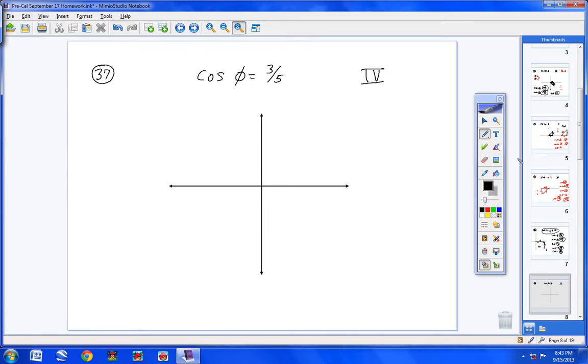Okay, we're in the fourth quadrant again, so please make note of that. So here's my ray coming out here in the fourth quadrant, and I'm going to go ahead and draw my right triangle, coming over, down, and then here's my right angle. Here's theta right here, and then we know cosine. Now cosine is adjacent over hypotenuse. So here's theta.